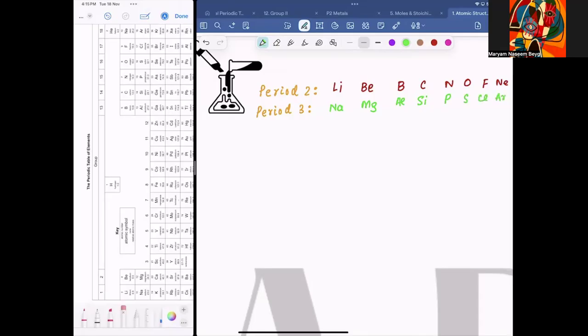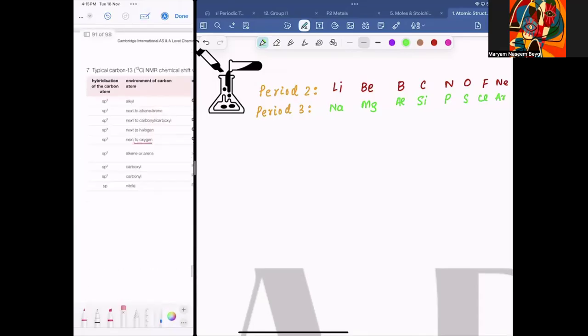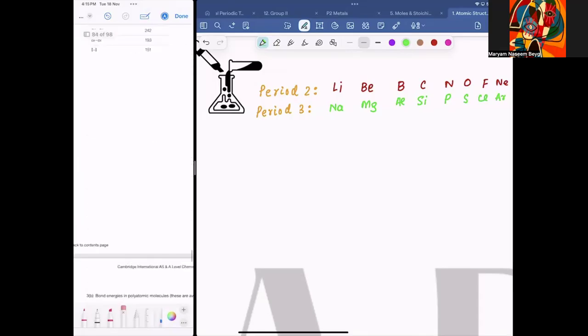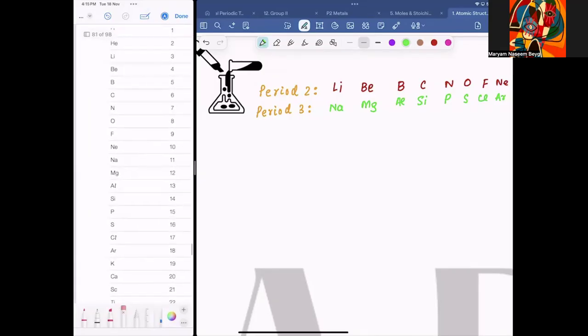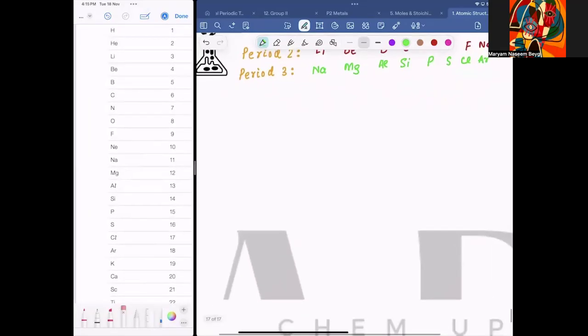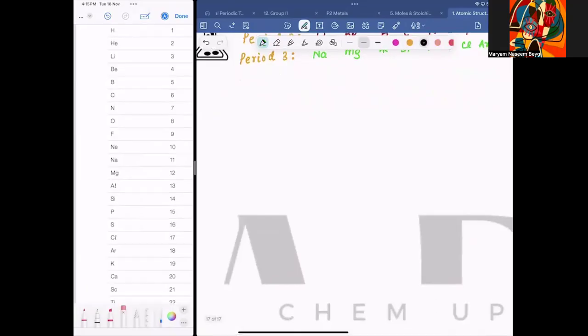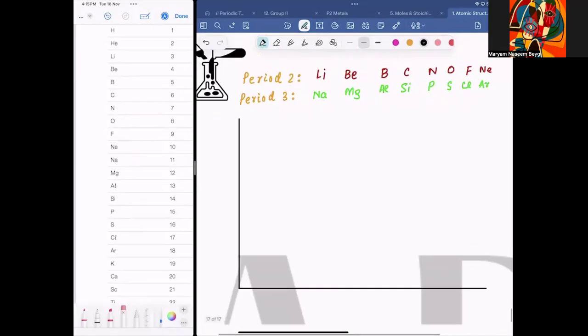Okay. So what I'm going to do now, if you have ionization energy data, you can easily relate. We are done with the general discussion along the period, that generally the ionization energy increases across the period, right?